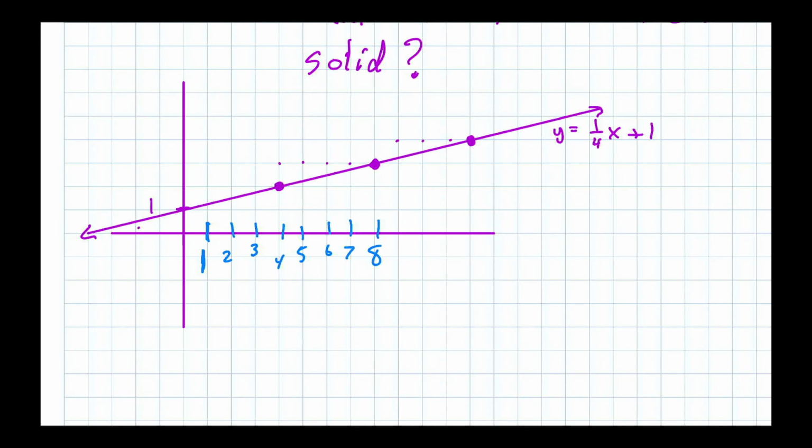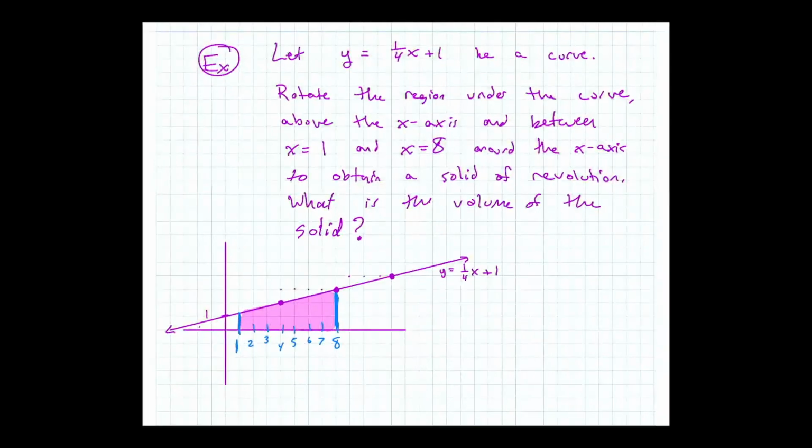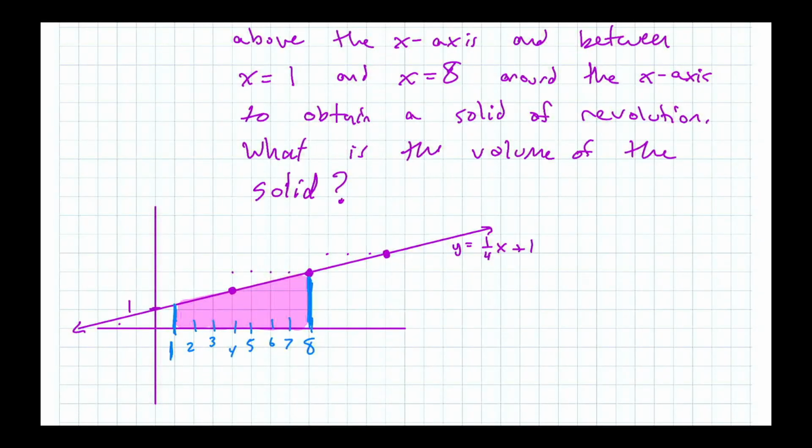Fill those in. So the actual region we're talking about now is just between x equals 1 and x equals 8. So this is the left-hand side and this is the right-hand side, and we only want the area between here. So we're only talking about this area now. So you have to understand what the area is that they're talking about, the region. And so this is the region because it's under the curve, above the x-axis, between x equals 1 and x equals 8.